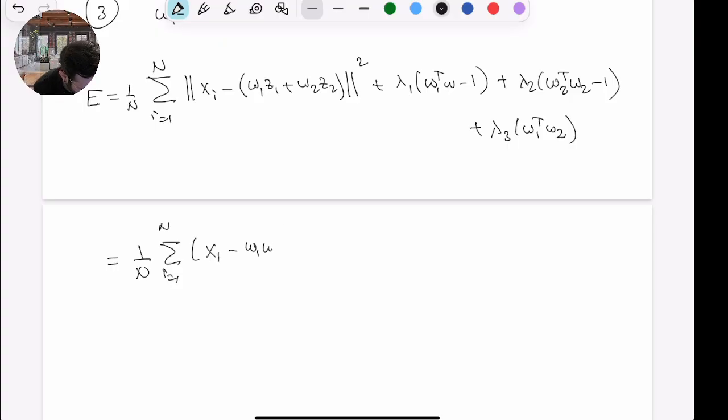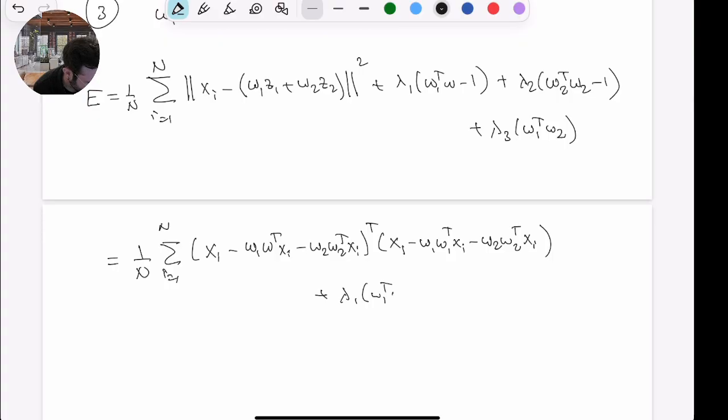So I have W1 transpose x of i minus W2, W2 transpose x of i, transpose, times x of i minus W1, W1 transpose x of i minus W2, W2 transpose x of i, close parentheses, plus lambda 1, W1 transpose W1 minus 1, plus lambda 2, W2 transpose W2 minus 1, plus lambda 3, W1 transpose W2.